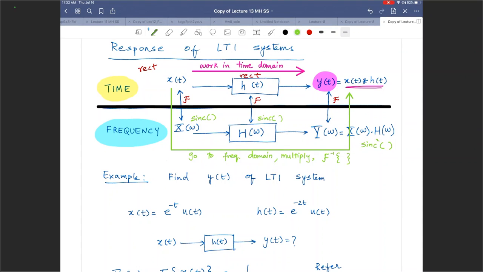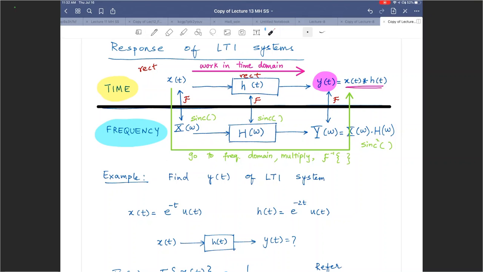So if the two rectangles are the same, then you get sinc squared. But if they are not the same, then you get sinc times sinc. And then you are trying to take the inverse Fourier transform of that. You guys see that? So one approach might be better than the other depending on what signals you have available to you.